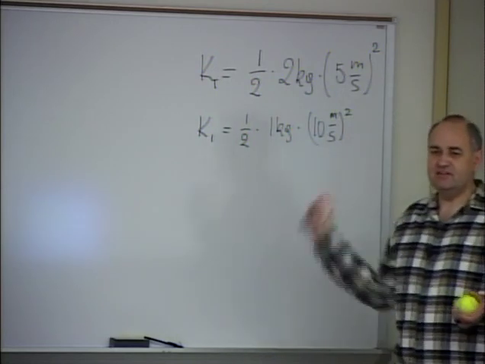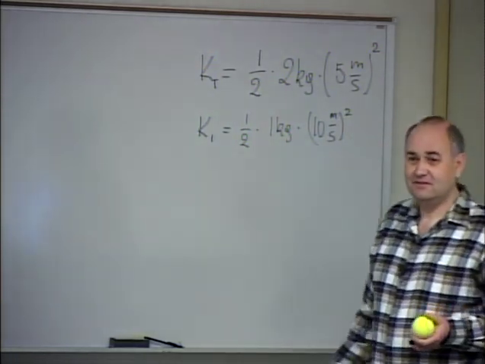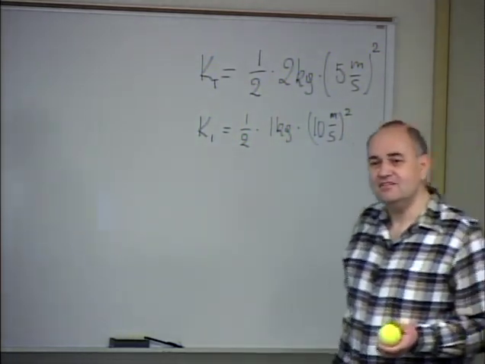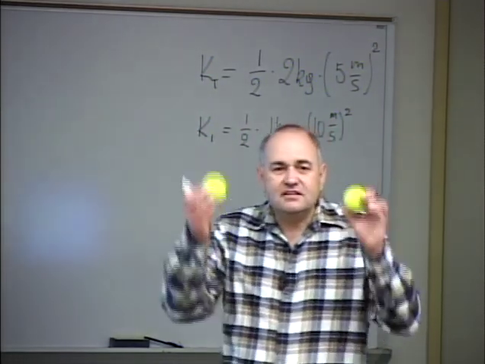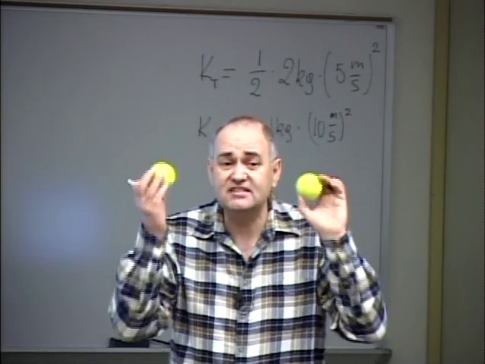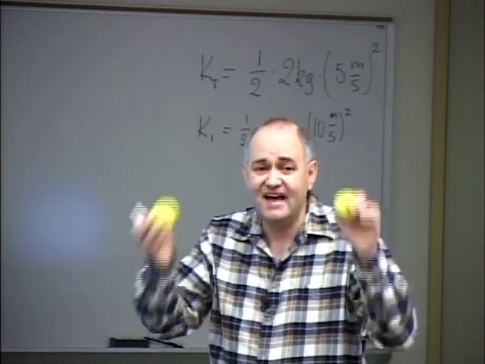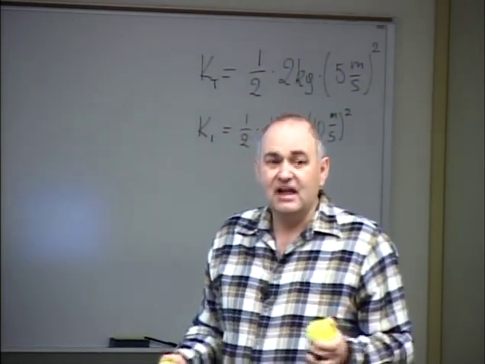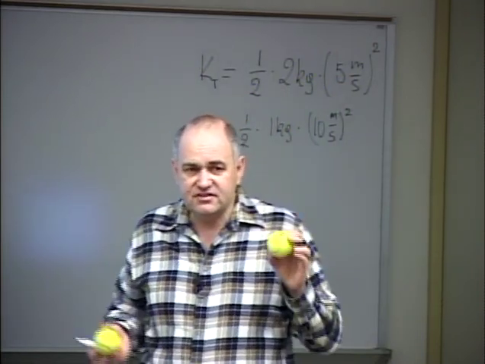Which one is greater? Second one is greater. Look, that kinetic energy of a single particle was greater than the translational kinetic energy of the entire object. How about total kinetic energy of this object?